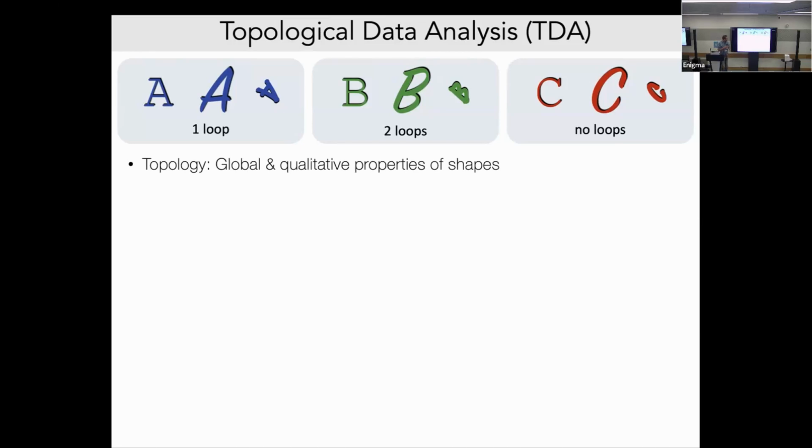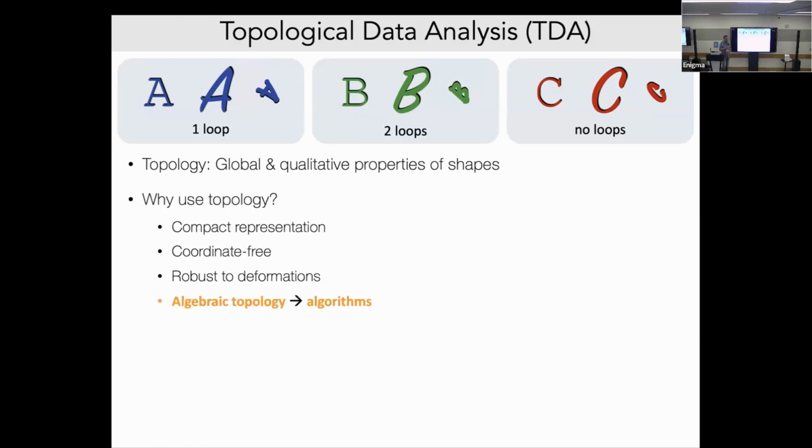Topology gives you, for the most part, global and qualitative properties of shapes, and these have all these nice properties. They give you a compact representation. It's coordinate free, it's robust to various continuous deformations. And from the point of view of applications, since we're mostly looking at algebraic topology, these properties can be encoded as solutions to linear equations, which you can write algorithms to solve.